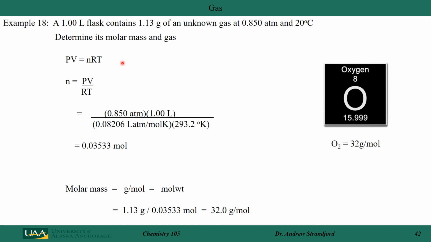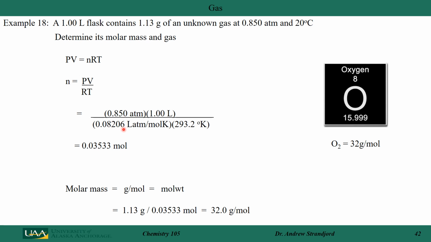So I set up my ideal gas law where I'll solve for the number of moles. Because if I know the number of moles and I know the mass, so moles, grams per mole, that's just going to be the molecular mass. So if I know the number of moles and I know the mass, I can solve for the molecular weight. So I measure my pressure. It's 0.850 atmospheres. It's all contained within a 1 liter flask.